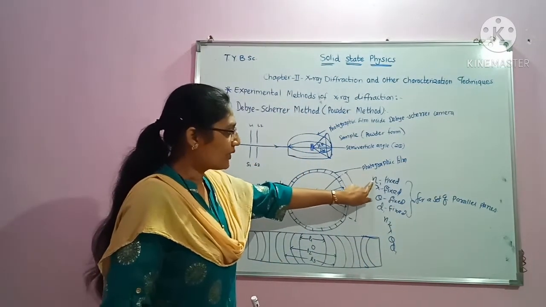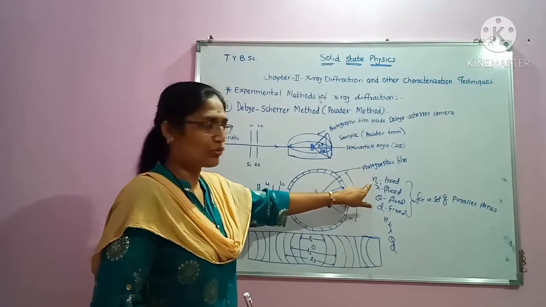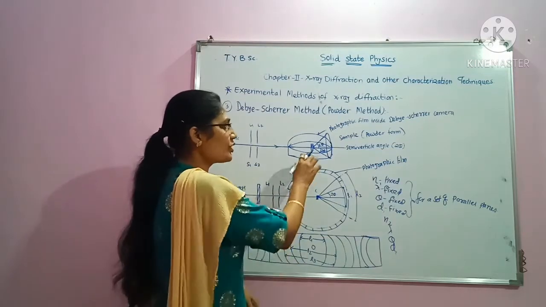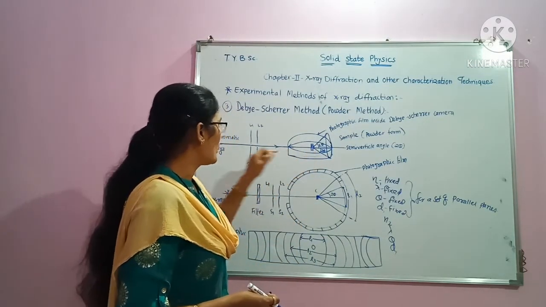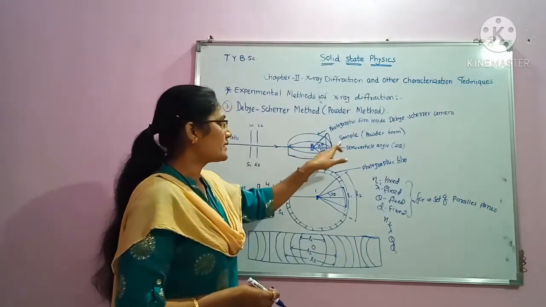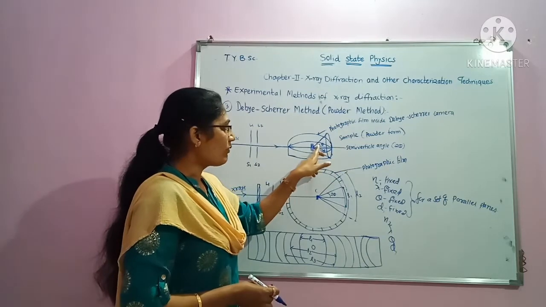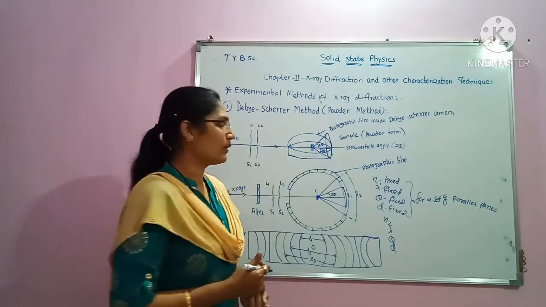So we will have the higher orders of X-ray diffraction also, and because of that there is the formation of a cone. The axis of this cone is aligned to the direction of the X-ray beam, and the semi-vertical angle of this cone is found to be double the glancing angle.